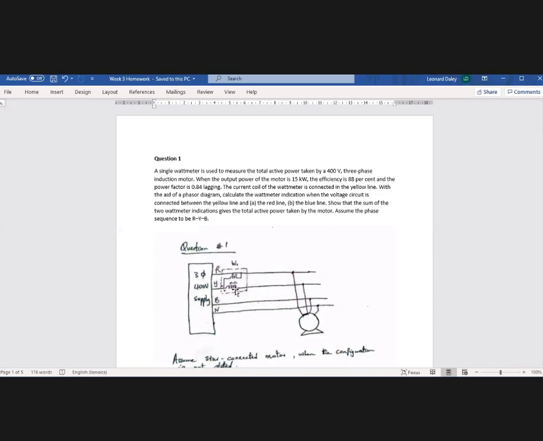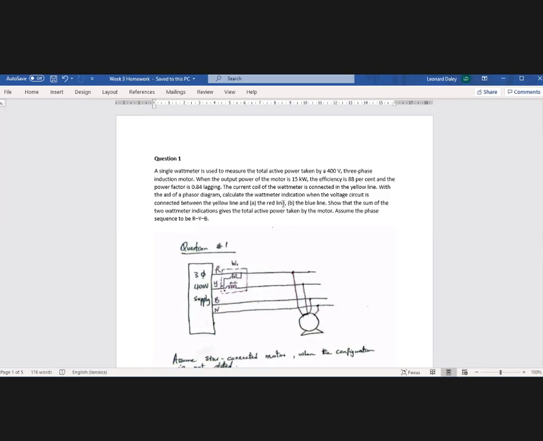Then they say we must calculate the wattmeter indication when the voltage circuit is connected between the yellow line and the red line. So I show the voltage circuit being connected between the yellow line and the red line. This would be where I get my first reading. I need to find IY and I need to find VYR. Everybody with me? That would help me solve the first part when the voltage coil is connected between the yellow line and the red line.